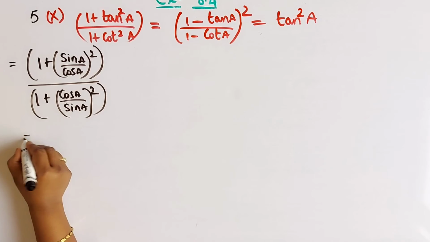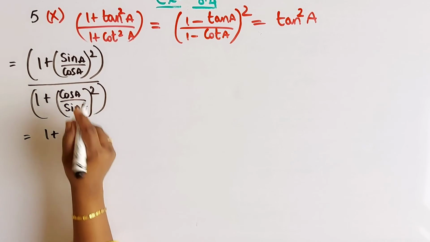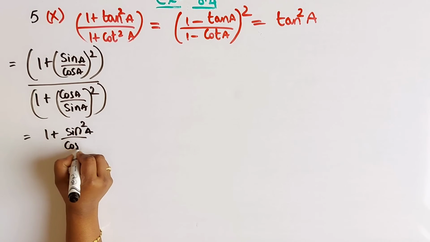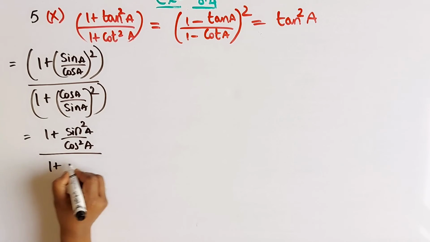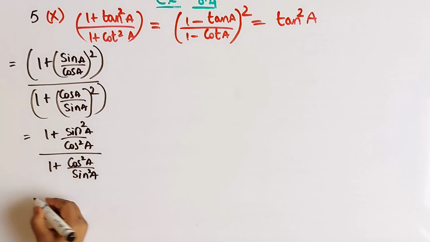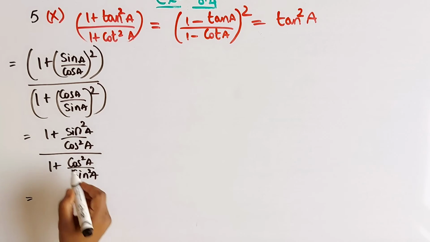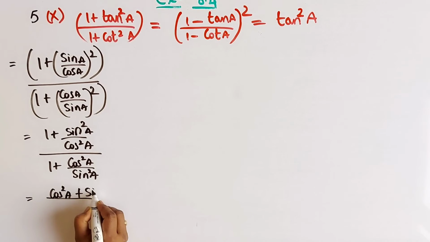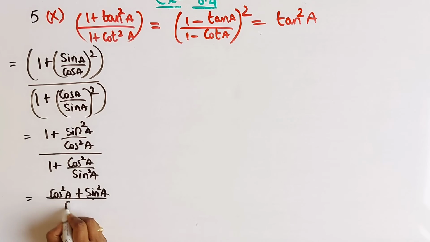Right children? Now this will be 1 plus, I am just removing these brackets, sin square a by cos square a divided by 1 plus cos square a by sin square a. Correct? Now solve this numerator part. This is cos square a plus sin square a by cos square a. In the denominator part, sin square a plus cos square a divided by sin square a.